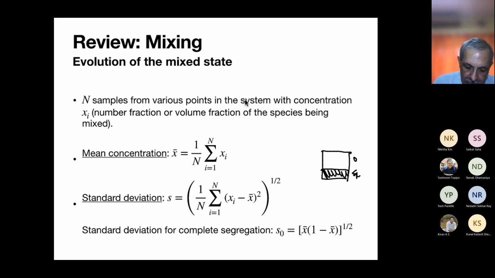So in that case, I'm sorry, here let's say this is 1, the concentration here is 1, and the other is 0, and this volume over here is x bar. Then we saw that in this case, the standard deviation is just given by this formula, where x bar, remember, is the mean concentration.